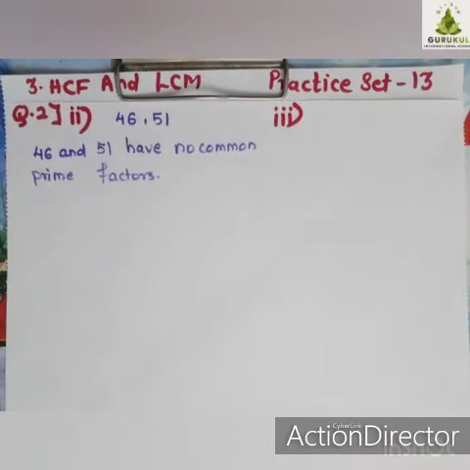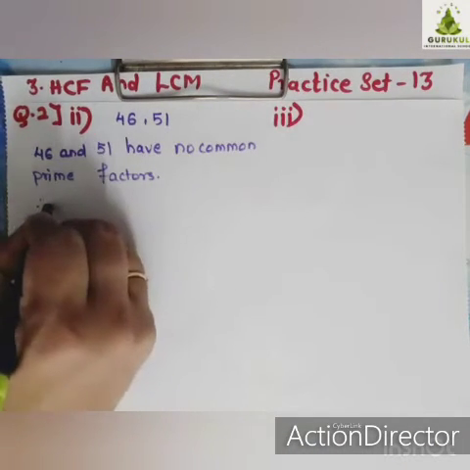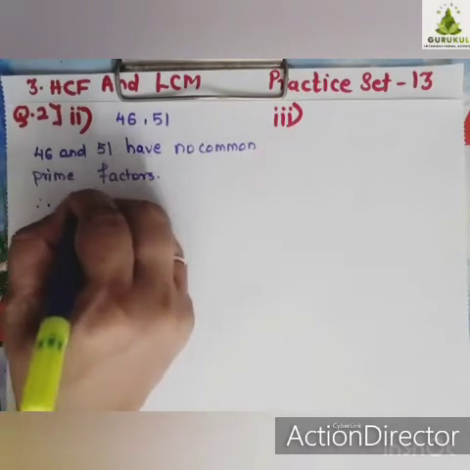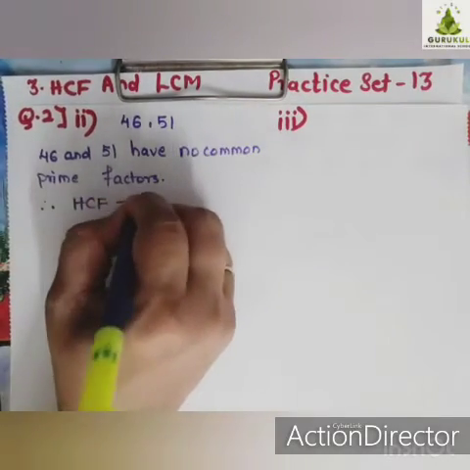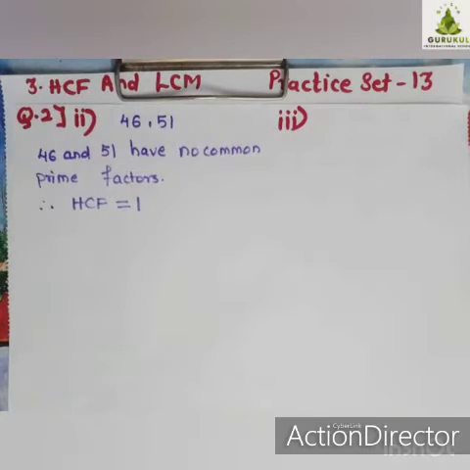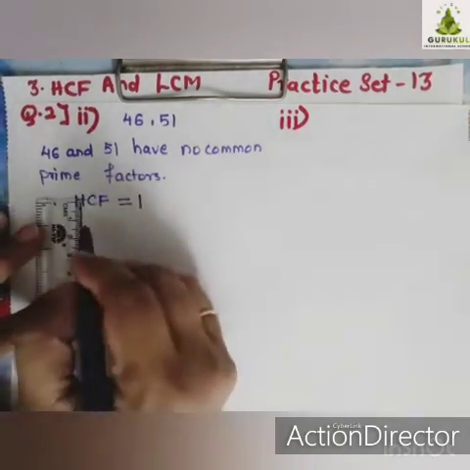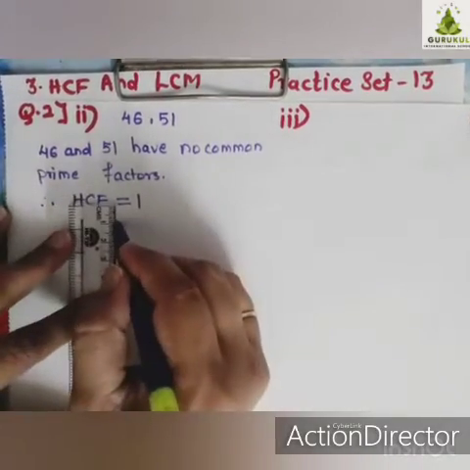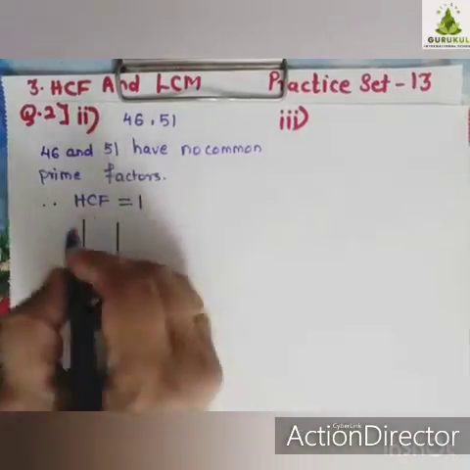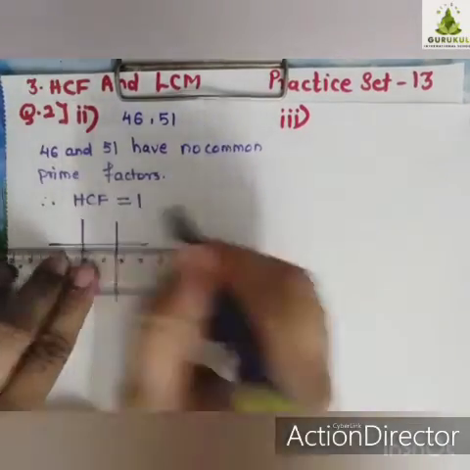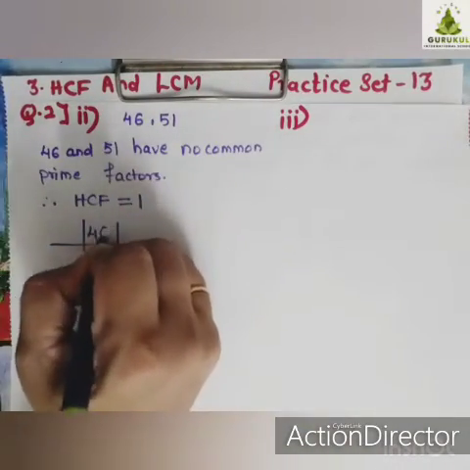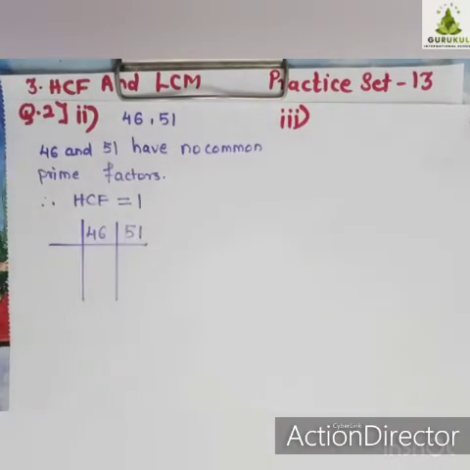Okay, so HCF for these numbers, there is only one common number. So HCF is equal to 1. To find out the LCM, we will do the second method, that is drawing vertical lines and finding out the factors. So we'll write down in the first column 46 and this is 51.